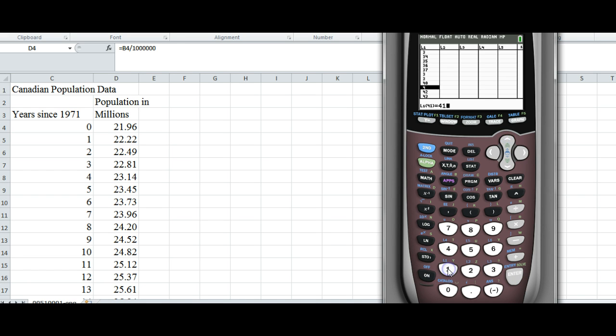All right, so let's go fix that up. Well, that would be a mess up, too. 33. Oh, the 3 again. 33.